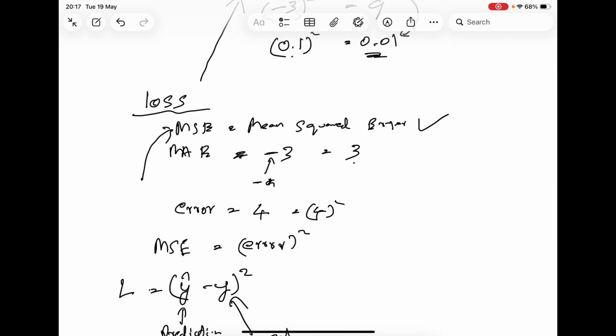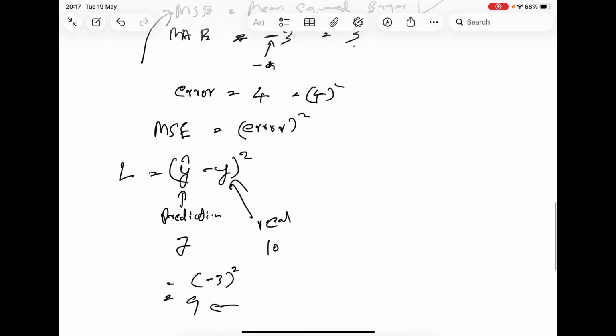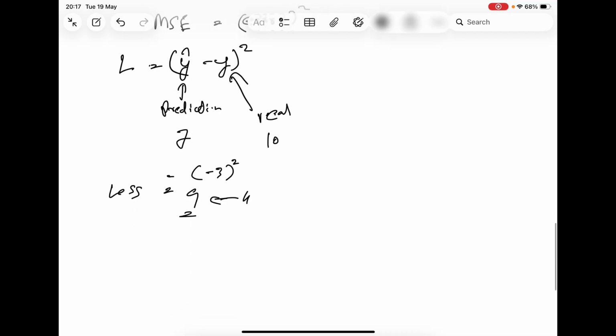Using that mean squared error function, we calculated 9 as the loss, right? So up to now, hope you are clear. If you are not clear about that, please do comment below, and I will answer it.